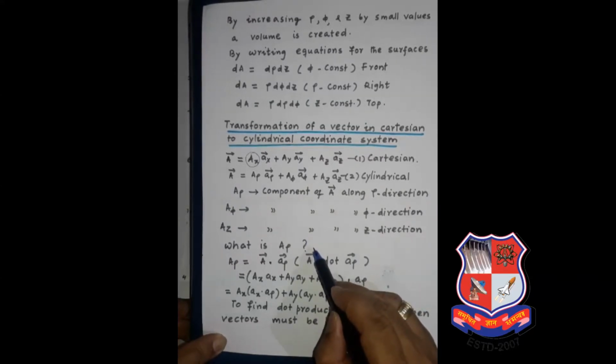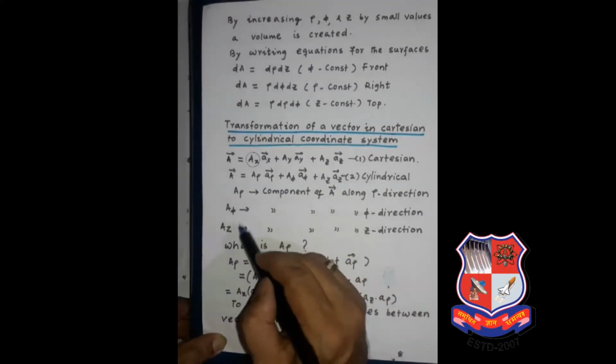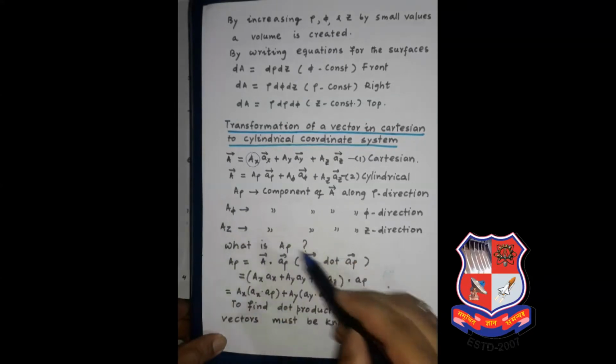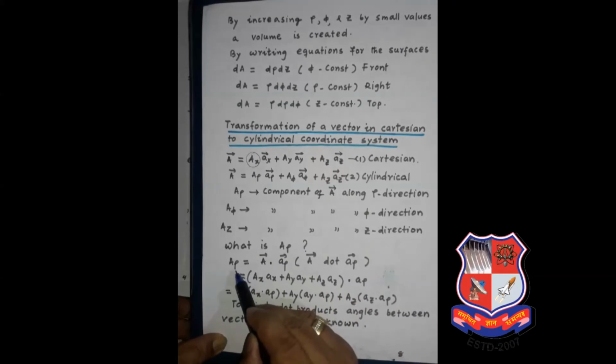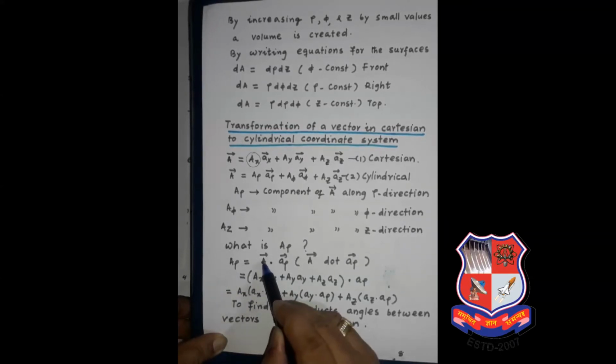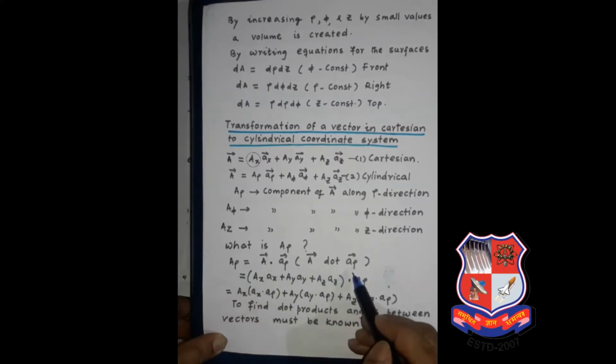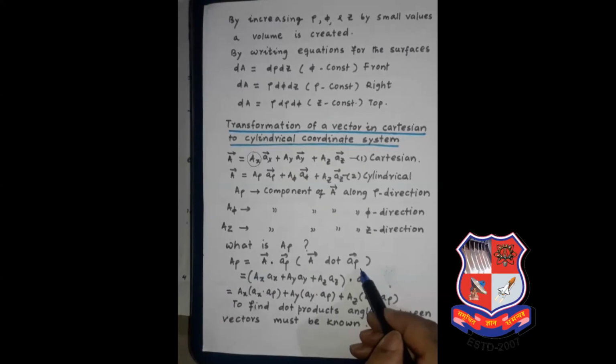Now the next question comes: how will these values, the A rho, A phi, Az components, be found out? So first we will start with A rho. What is A rho? It is the component of vector A along rho direction. So we can find it by taking A dot a rho. This is the application of your dot product.